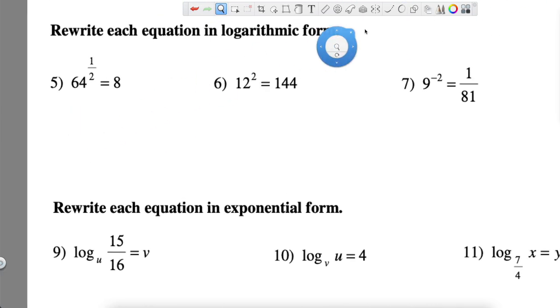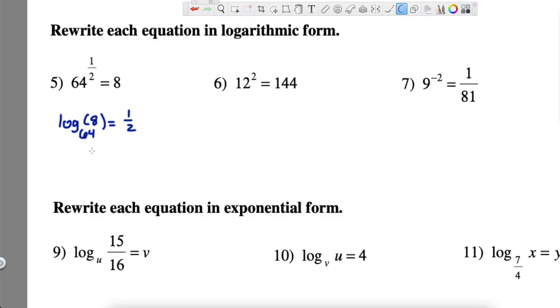Now we're going to do the reverse and take the equation and put it in logarithmic form. So 64 is my base, so I write that in this position, and the exponent is 1/2. That goes over here on the right, and we're doing it of 8.